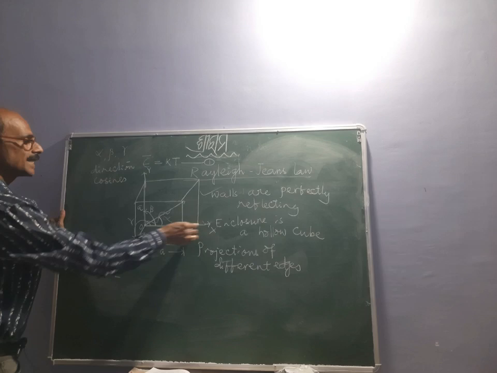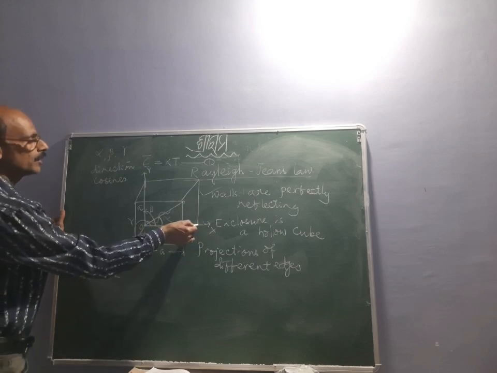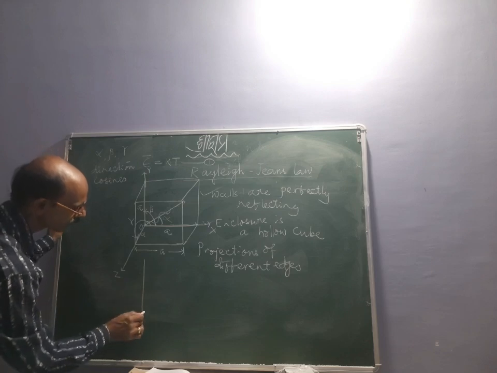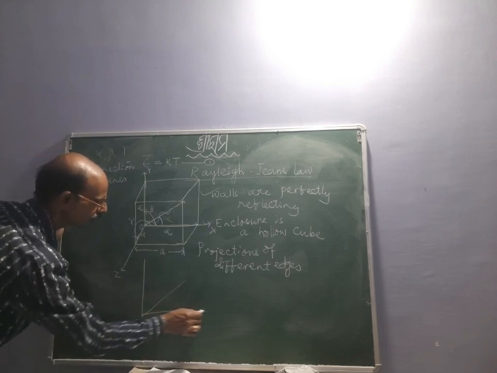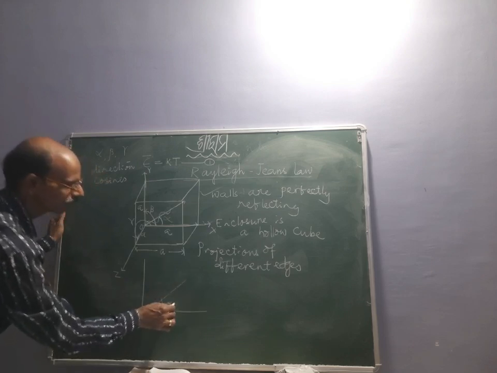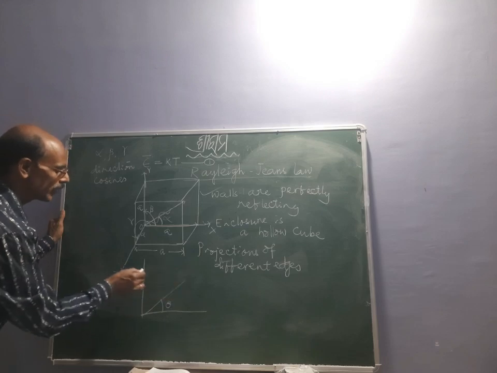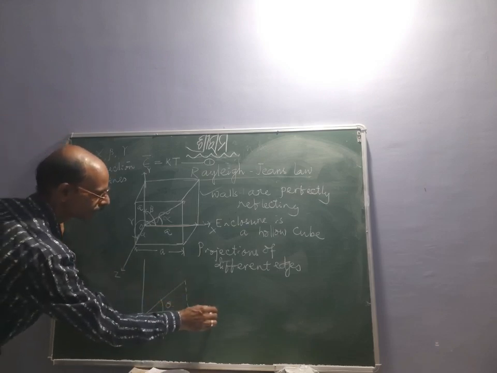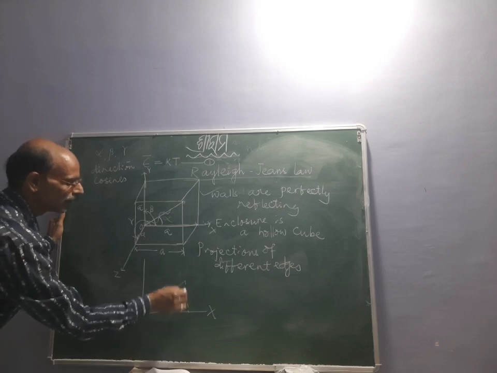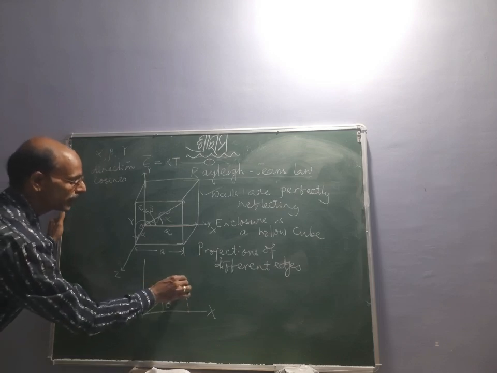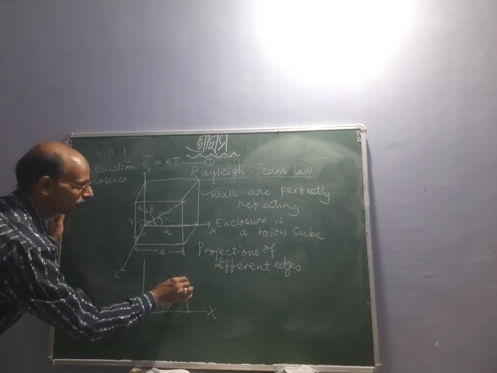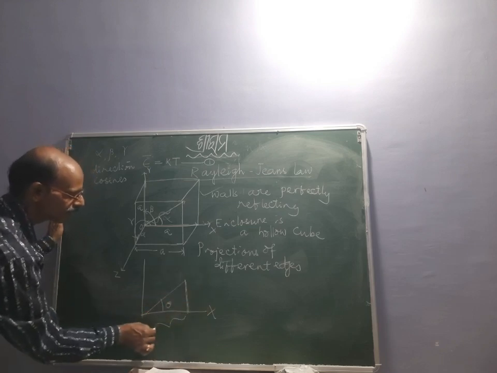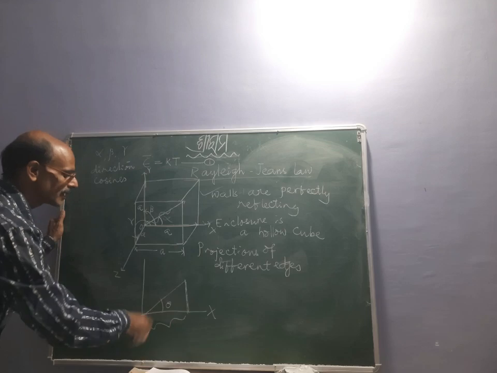For example, this is the x-axis. If we draw a projection, what does it mean? Suppose this is angle theta. If we draw a normal or perpendicular on the x-axis, then this is the projection of this.